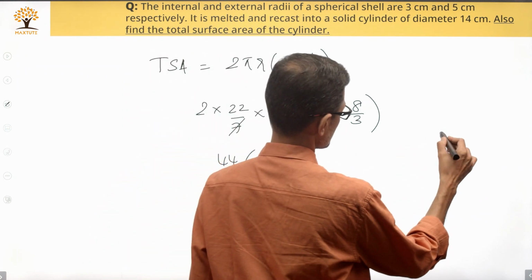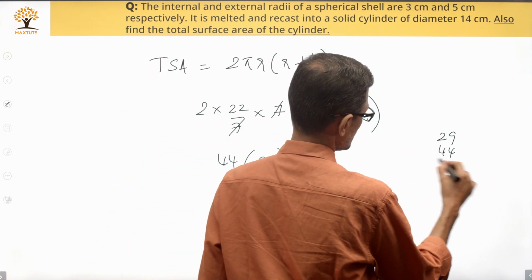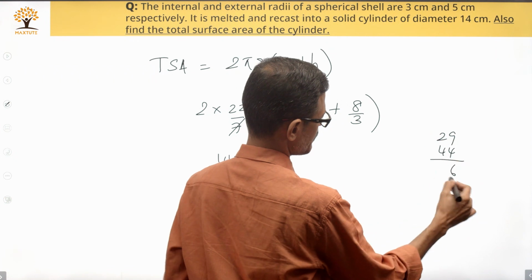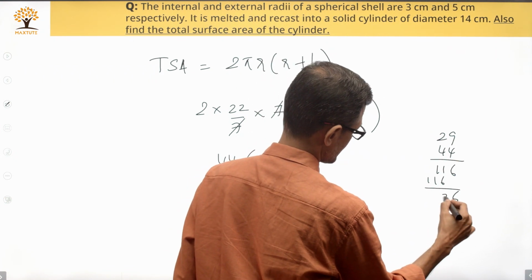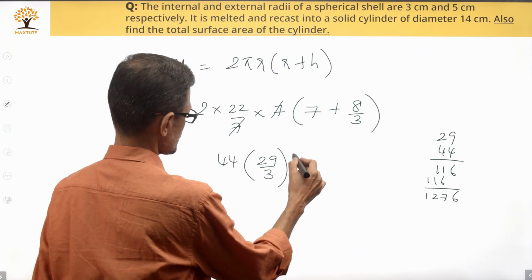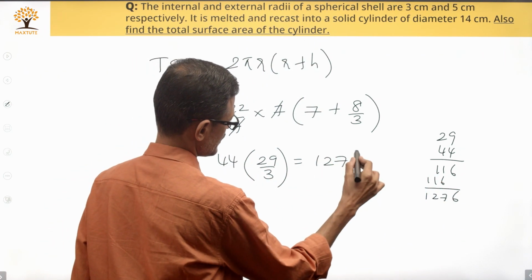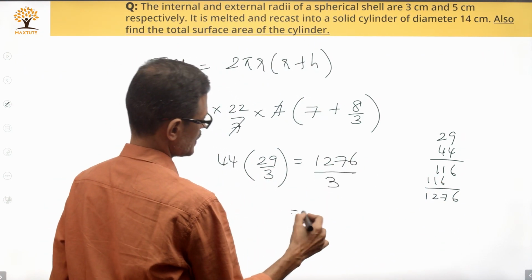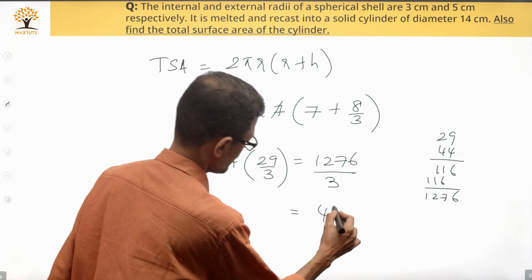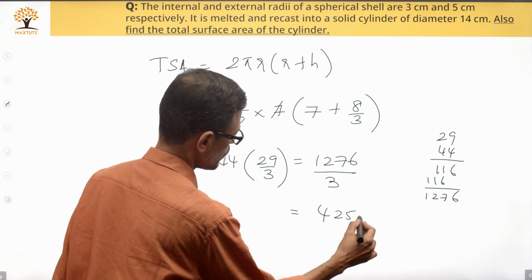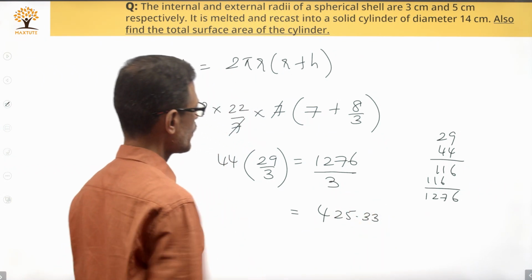So this is 29 times 44, which gives 1276 divided by 3. 1200 by 3 is 400, 75 by 3 is 25. So 425 and 1/3, so 425.33.